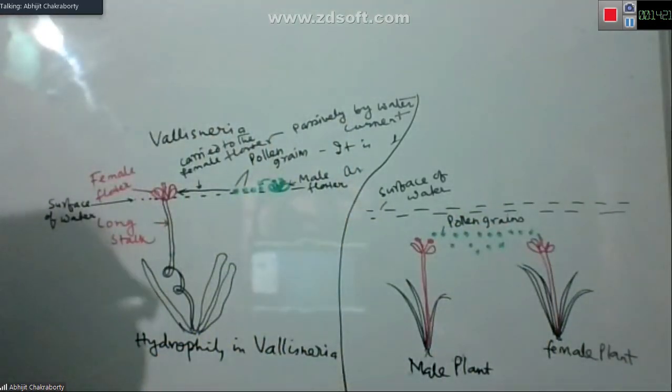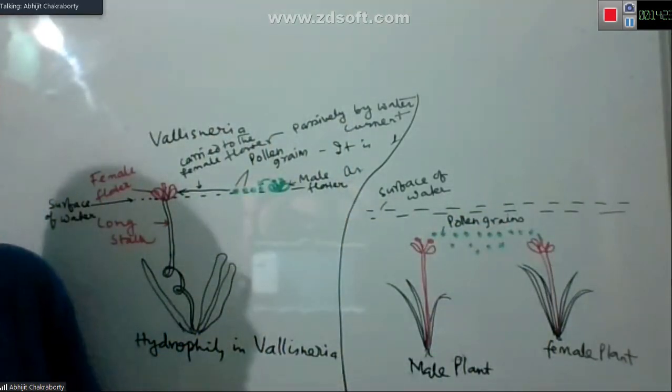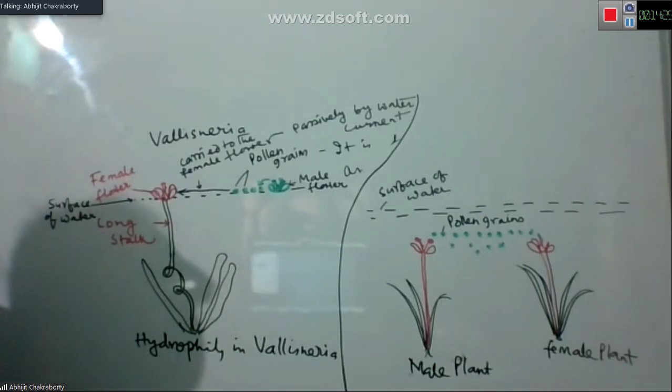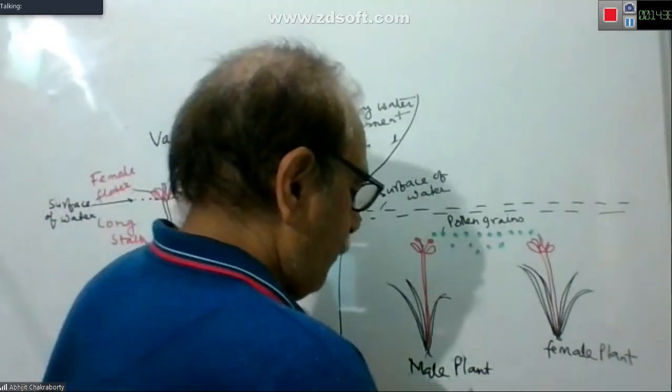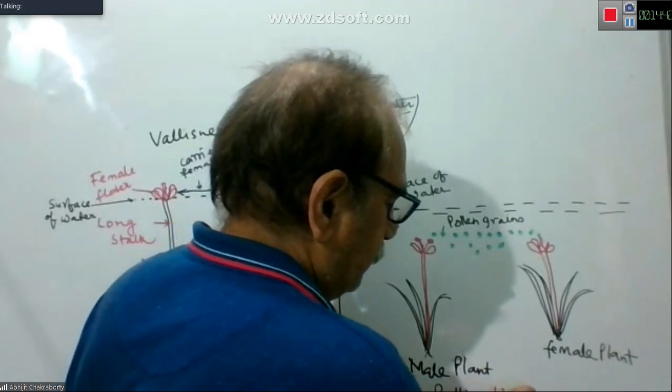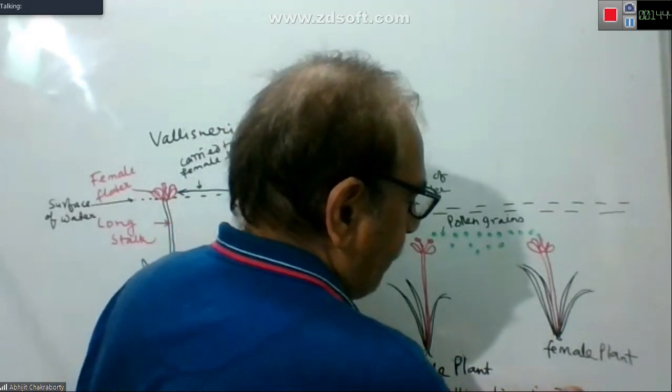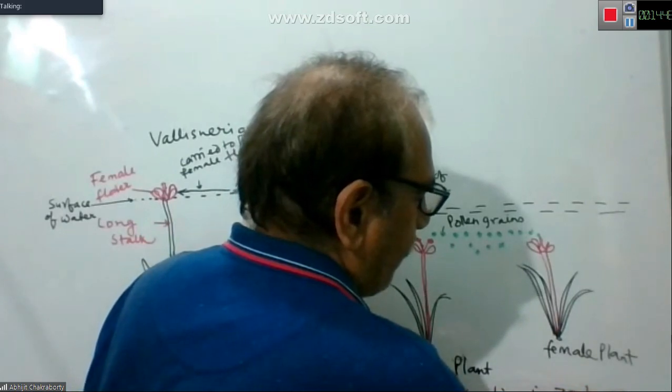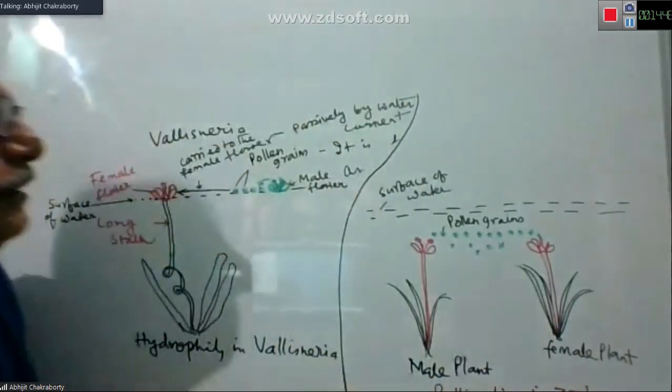Both male plants and female plants are found to be submerged, and pollen grains are released from the anther, and passively by water current they are carried to the stigma of the female flower, and pollination occurs. This is pollination in Zostera.